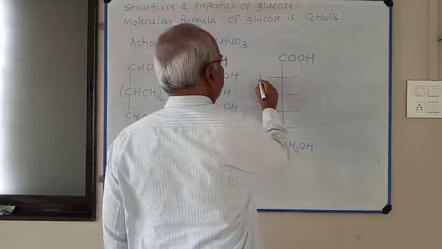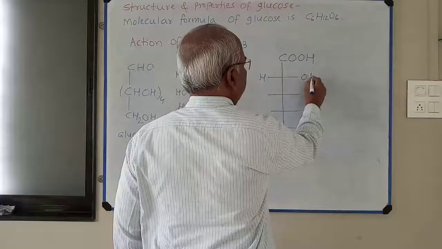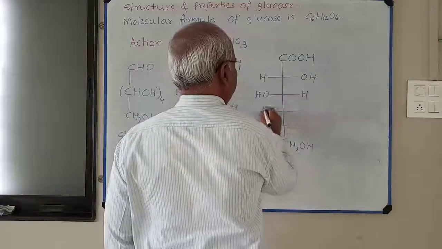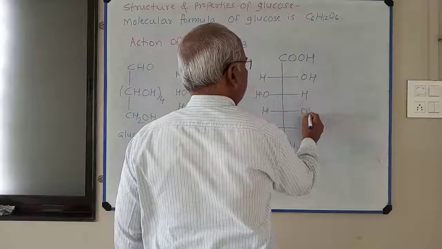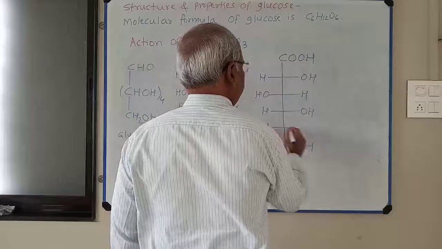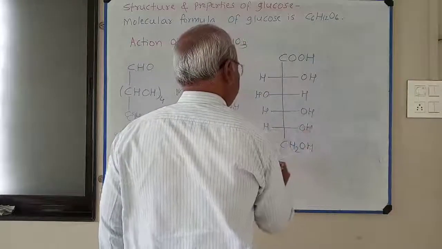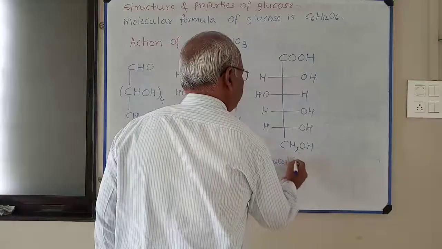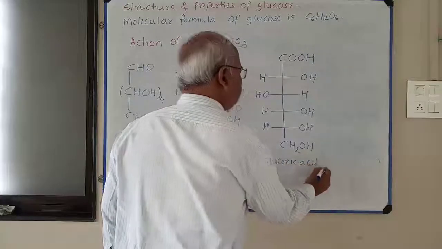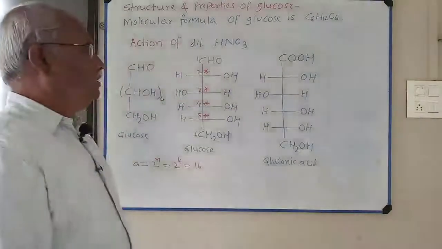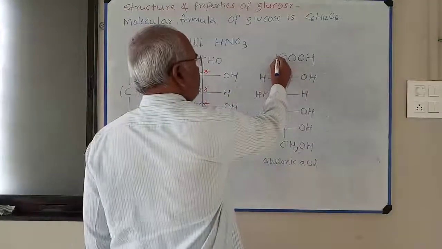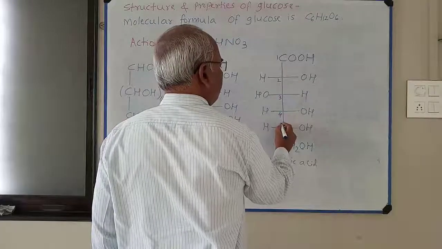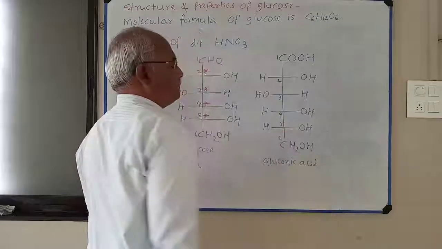Here H, OH, OH, H, H, OH, H, OH. This is gluconic acid. This is carbon number 1, 2, 3, 4, 5, 6.